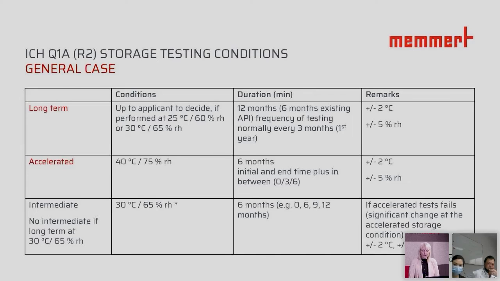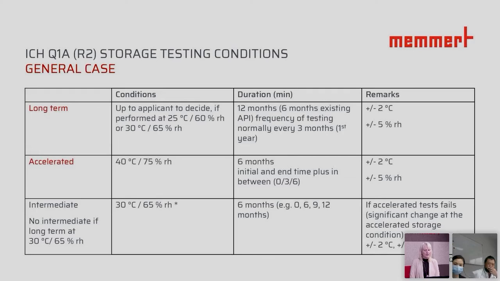It's requested to do the testing for 12 months until a registration process can start. Important is the remark that you must stay within a certain temperature and humidity range: for temperature, a range of ±2 degrees, and for humidity, limits of ±5% RH.